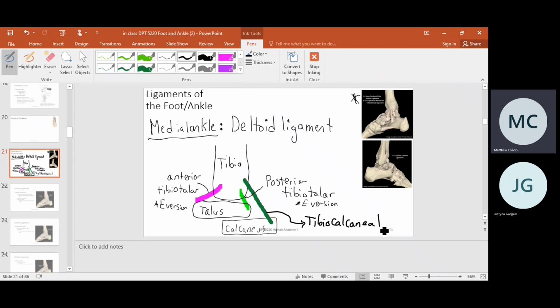So let's think about what my tibial calcaneal ligament would do. Okay, obviously it attaches my tibia to my calcaneus. So first question is pretty easy. Would my tibial calcaneal ligament have any effect on my talus? No, because it doesn't attach to my talus. It goes from my tibia to my calcaneus.